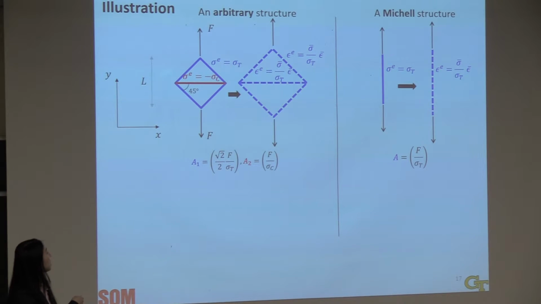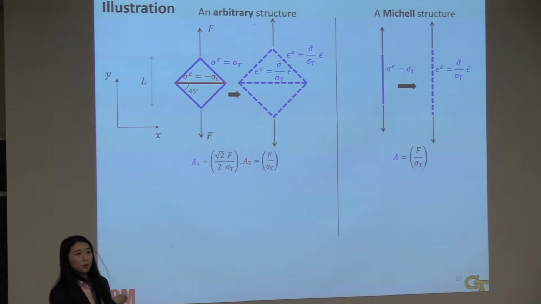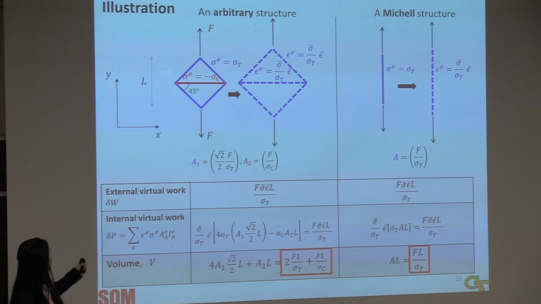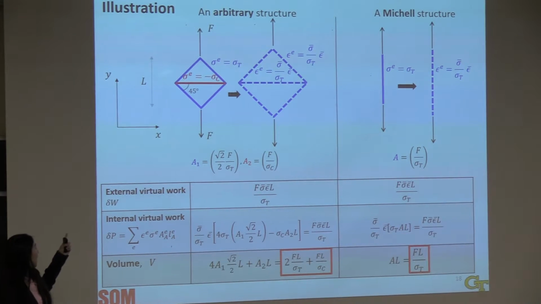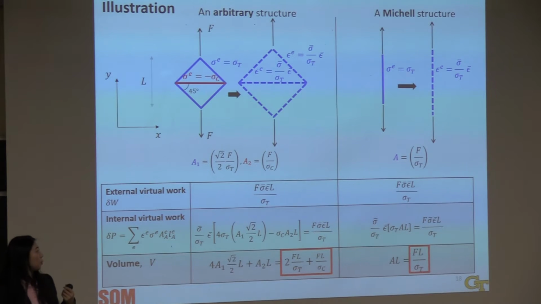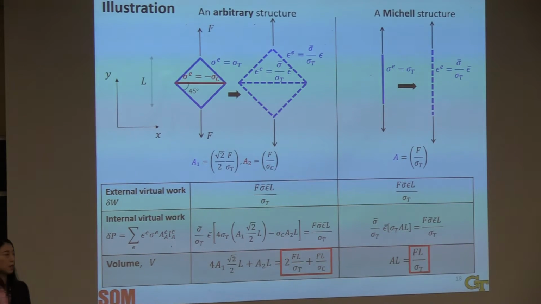So for the same two structures, one an arbitrary truss and one a Michell truss, we already have our external virtual work. If we plug into this expression for the internal virtual work, we obtain the same internal virtual work, which makes sense because both of them are statically determinate.